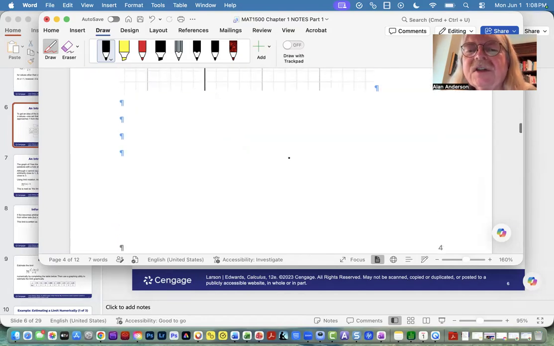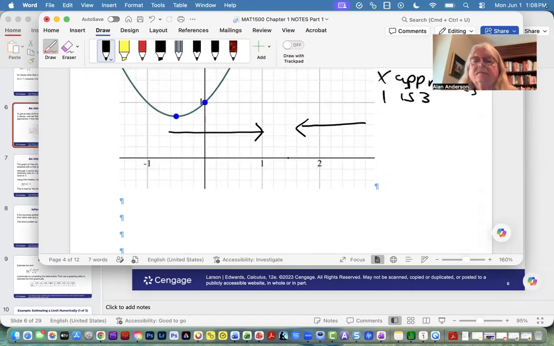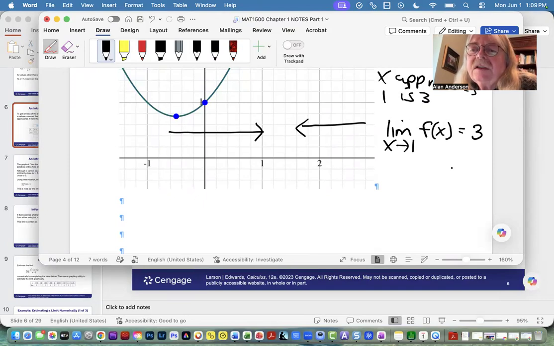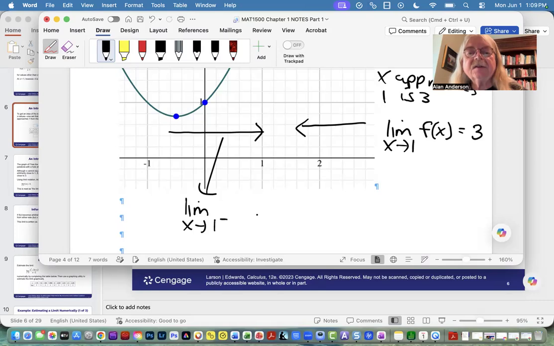And we write it in a very interesting way. That's a shorthand way of saying that as x approaches 1, the limit of this function is 3. And we can also calculate this individually from the two different directions. Over here, we call this the limit as x approaches 1 from the left.